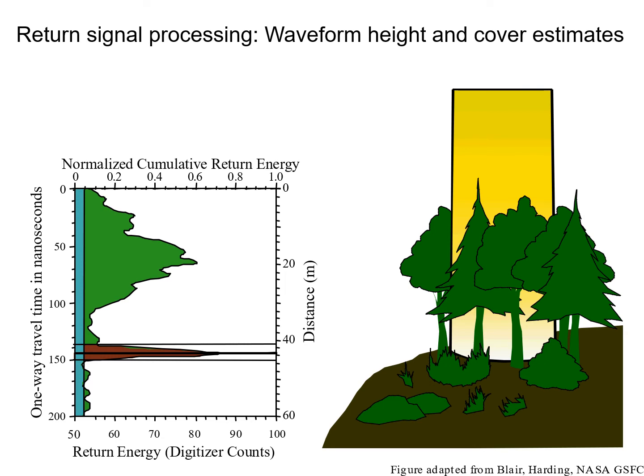It's going to increase past that, and then you're going to have a fairly rapid increase in the amount of power that's returned. And the peak of those returns, in this case where the travel time is about 60 nanoseconds, the distance there, normalized to the top of the canopy, is about 20 meters.